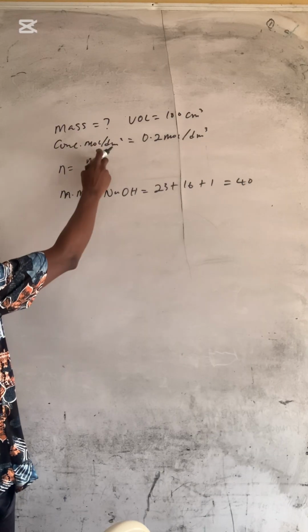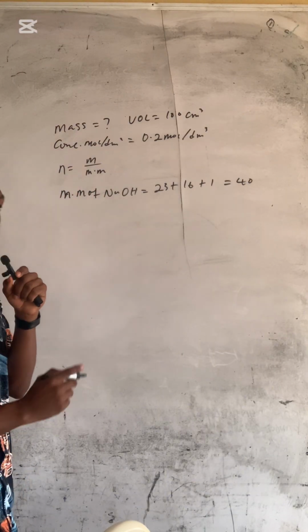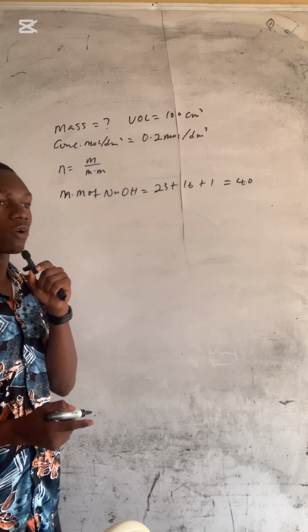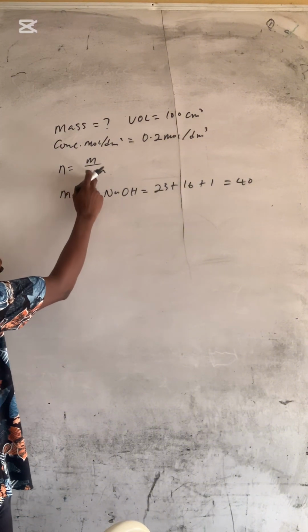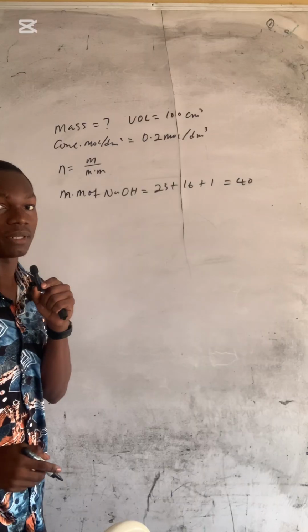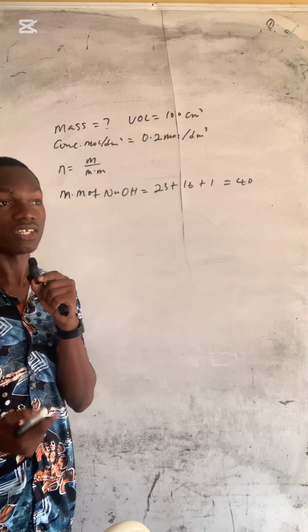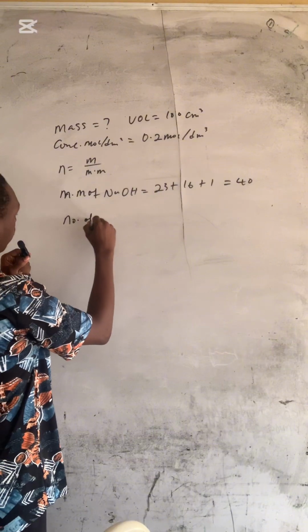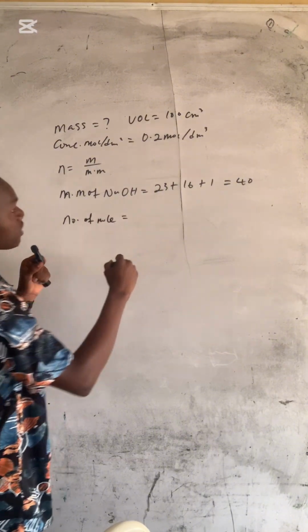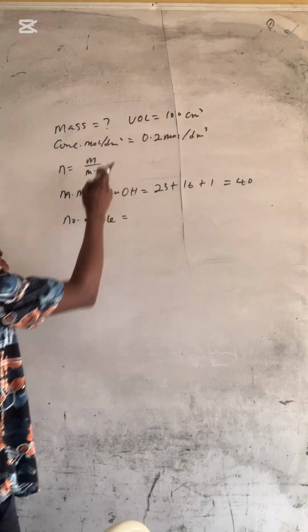We know the molar mass. We are asked to calculate for the mass, but we don't know the number of mole. So this formula might not work. Now let's calculate the number of mole. If we are able to calculate the number of mole, then we can plug it into this formula in order to solve for the mass, which we are asked to find. Now recall that number of mole also has another formula that relates volume and concentration, right?